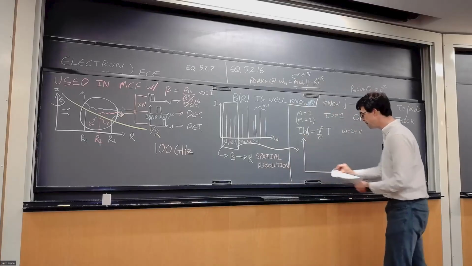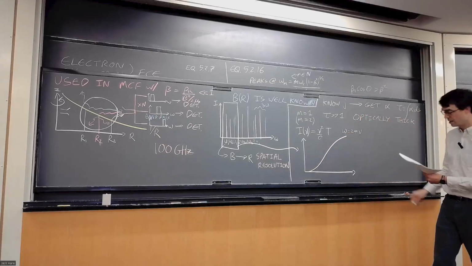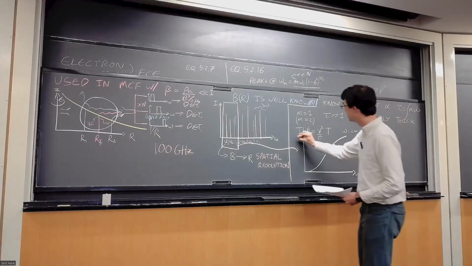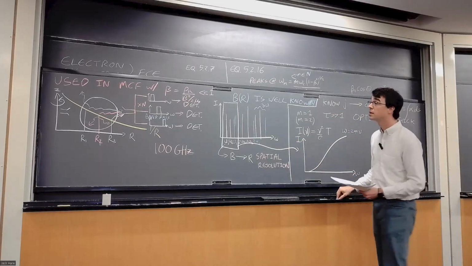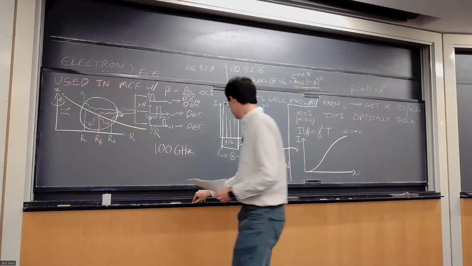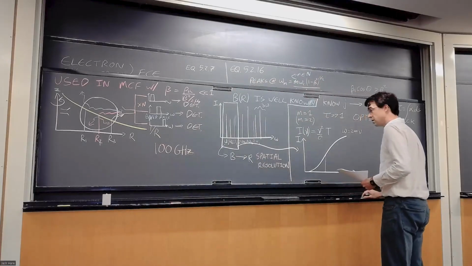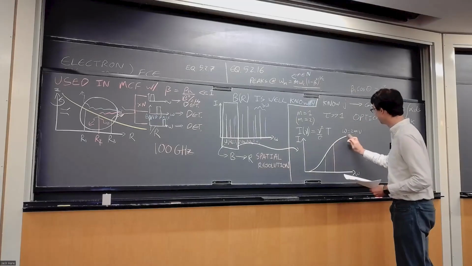Okay, so the neat thing about this is that you will then have, for this region of the spectrum, a signal that maybe looks like this. And again, this is frequency here and intensity here.